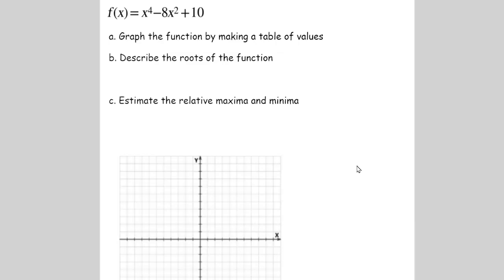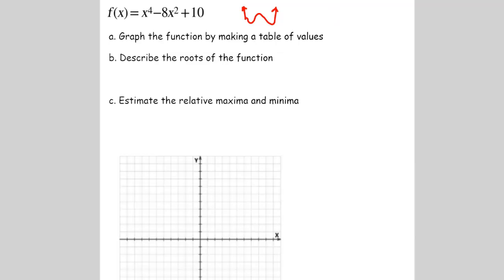Again, it's positive, so my end behavior on the right will go up. That means it's also going to go up on the left, right? So both of my end behaviors, left and right sides, are going to go up. If it's a 4, that means there are 3 turns. So 1, 2, 3. I'm going to be looking for this W shape.